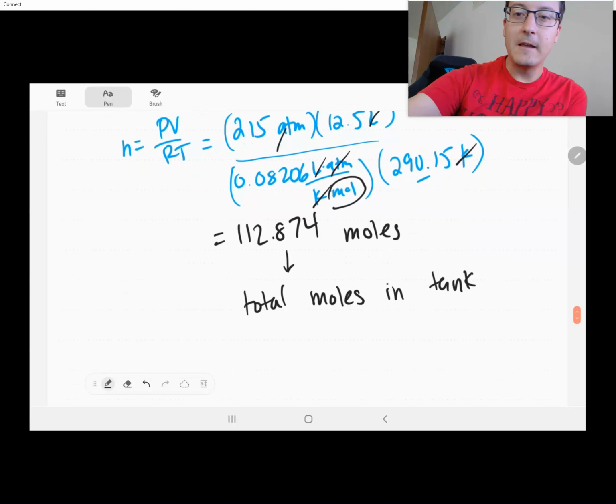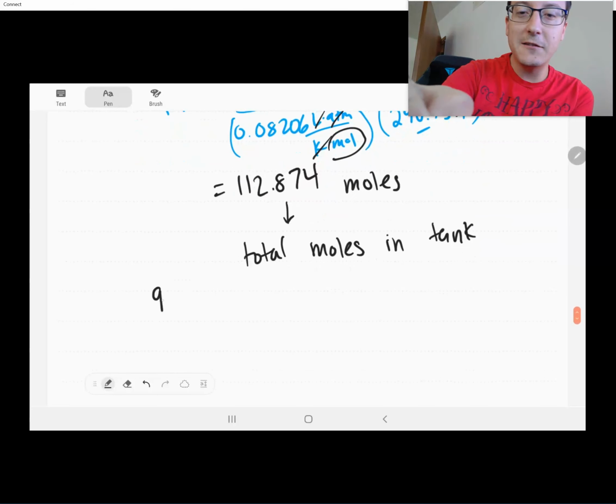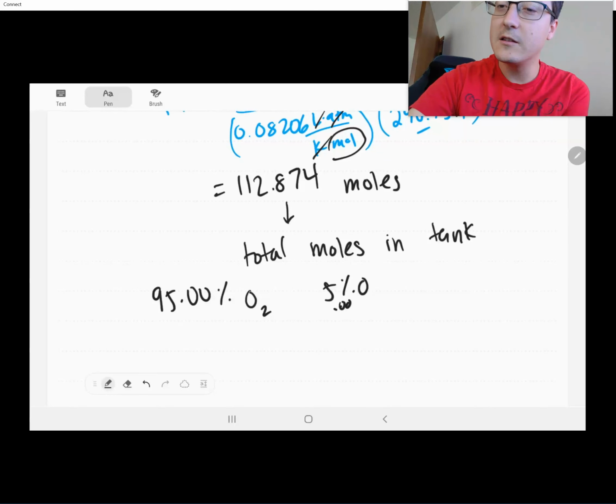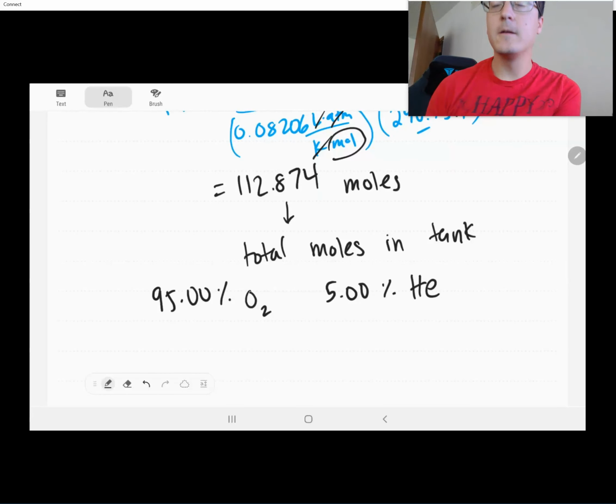So, if we remember that we had 95% oxygen, 5%, let's just start that over. We can figure out, of these moles, what portion of that is oxygen and what portion of that is helium.